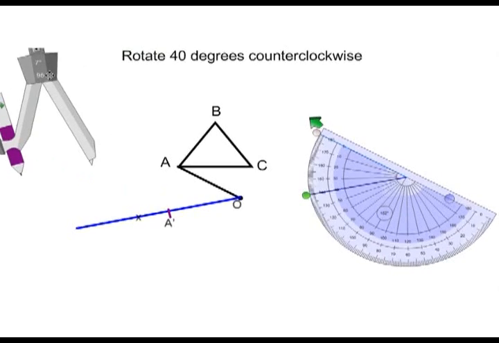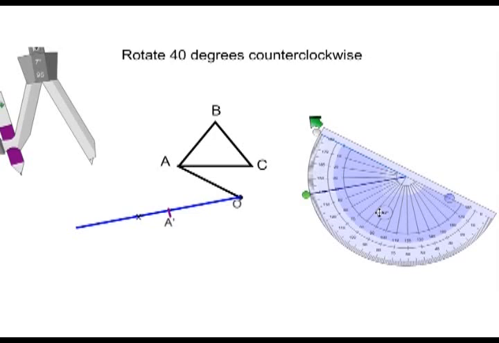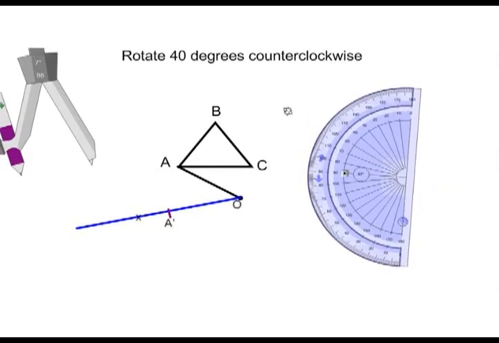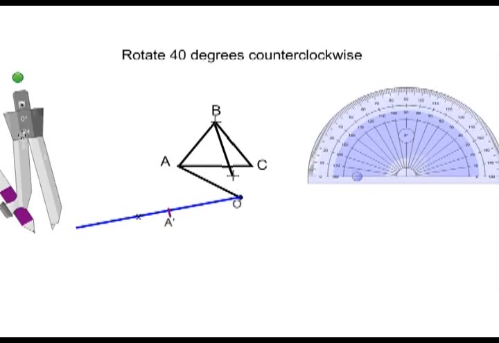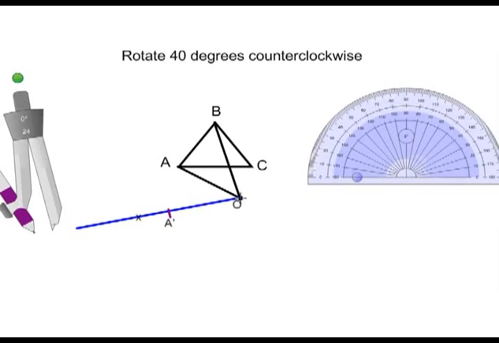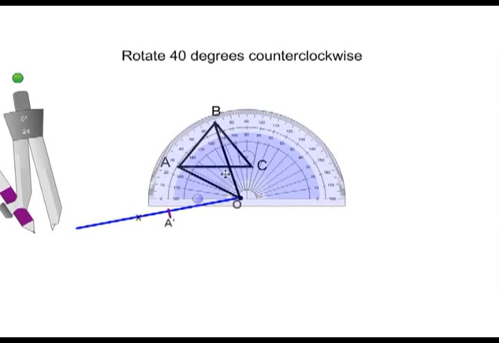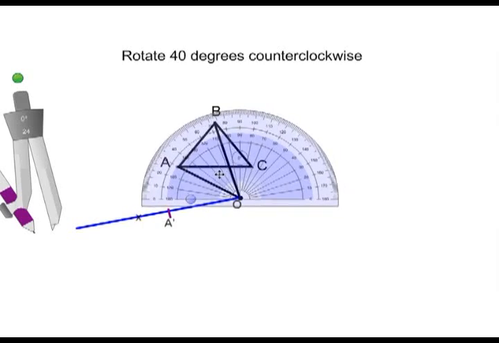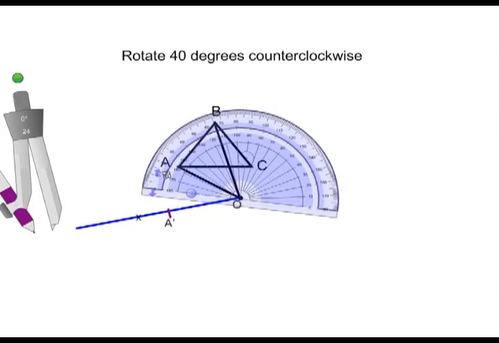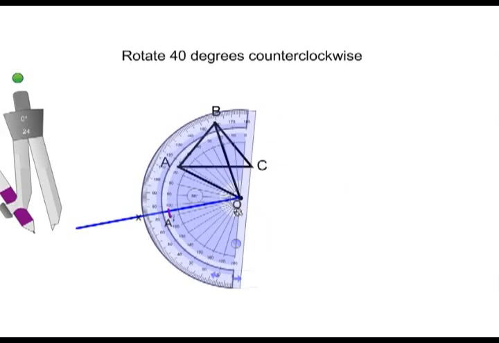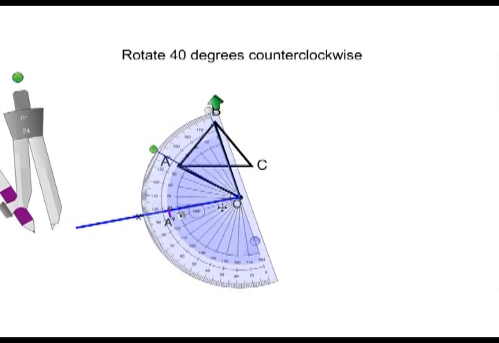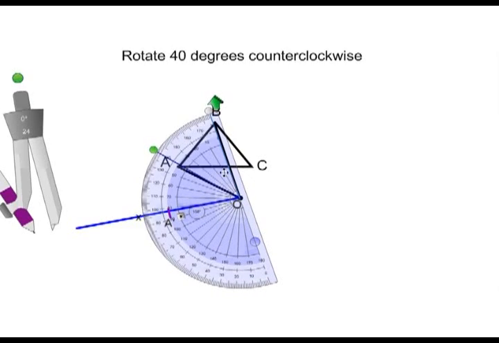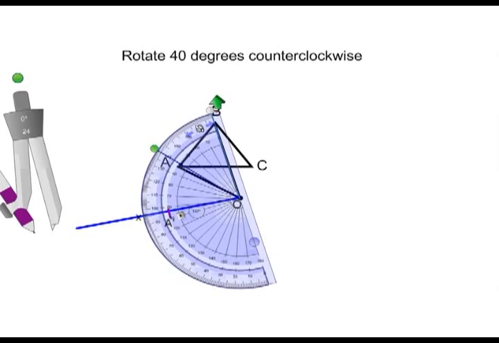Next, we go to B and rotate that point. Draw the line to O. I place the protractor now and measure 40 degrees in the anti-clockwise direction. That's now lined up, and 40 degrees is there.